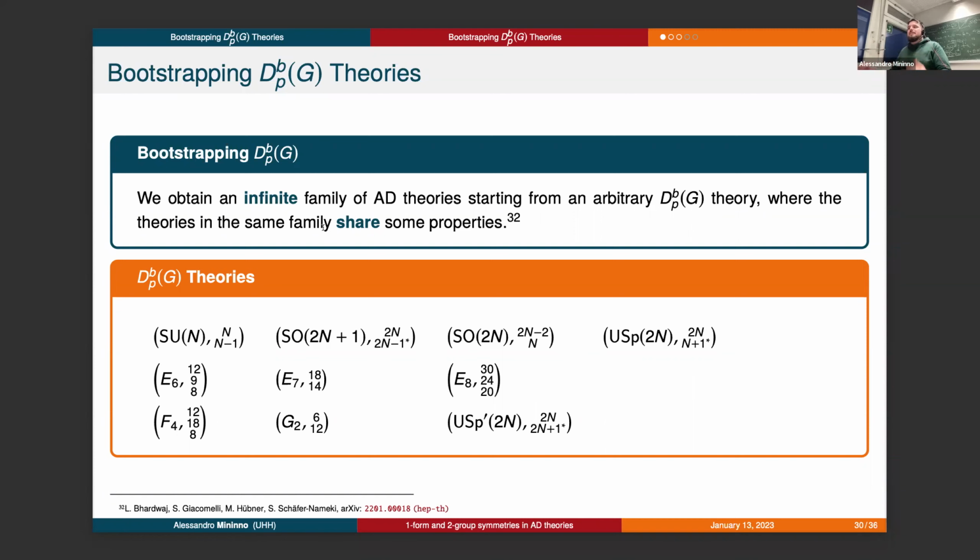The DPG theories that can be considered are all of this kind, not only simply laced. You see there are all kinds of possibilities. In our last paper, we discussed at length this theory here and this other one. But the same logic can also be applied to other theories, although it is more complicated to actually find an initial Lagrangian theory.